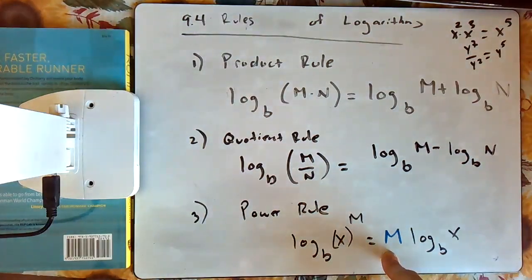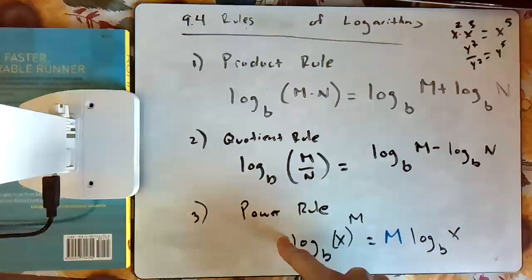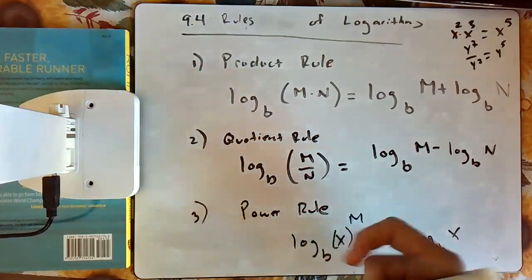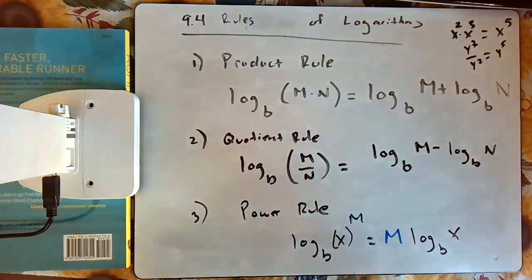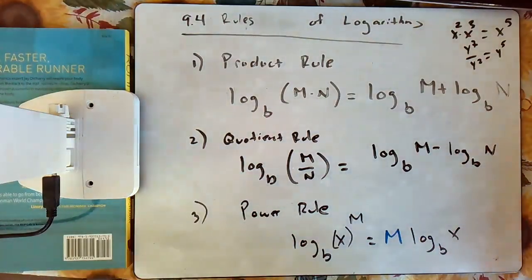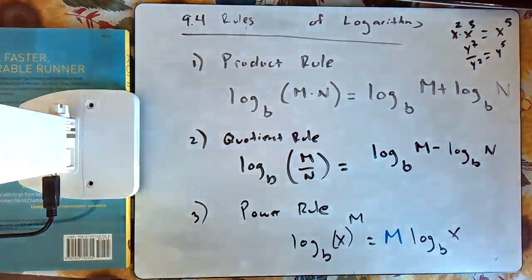Like that. So you're basically taking that and slapping it right out in the front. So these are the three rules that you just have to remember. And again, they are very useful for when you solve more complicated log equations.